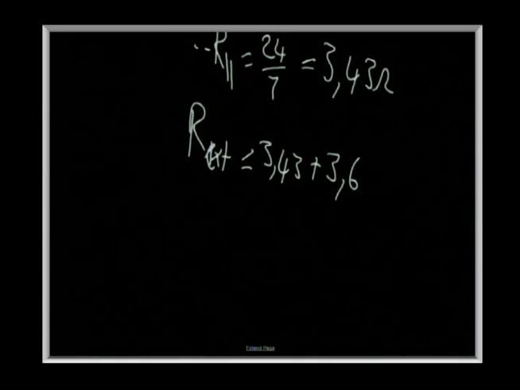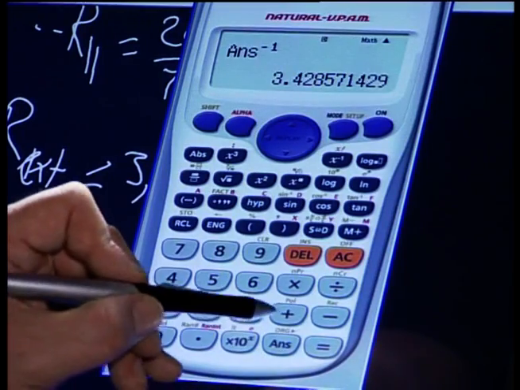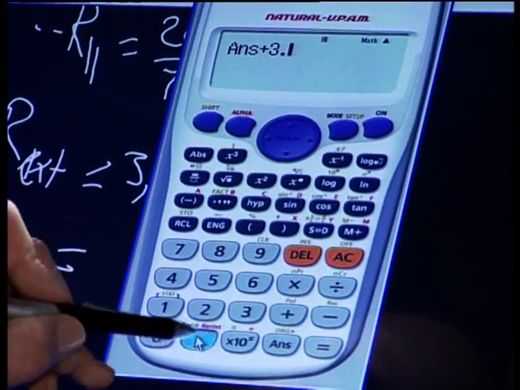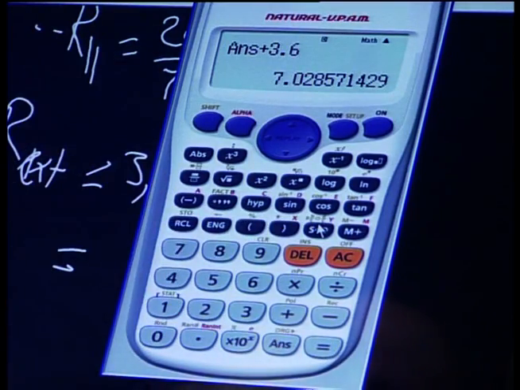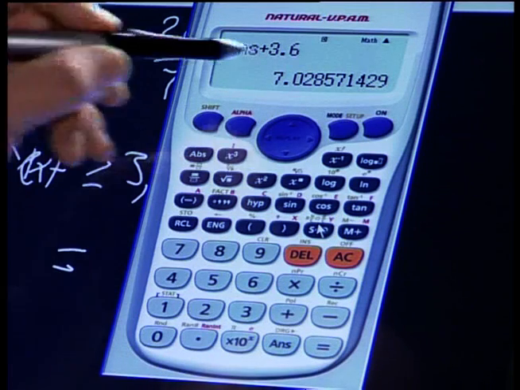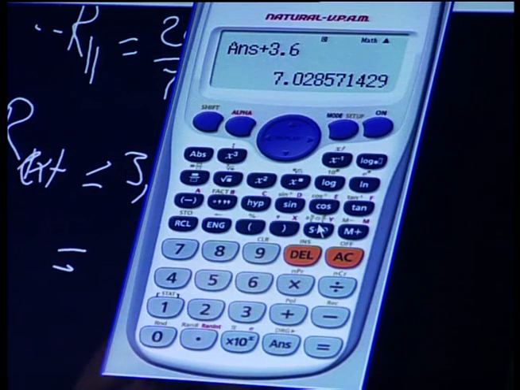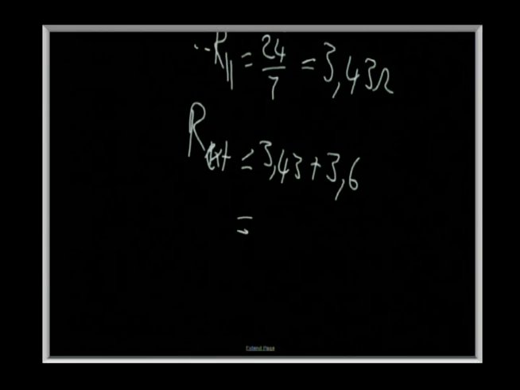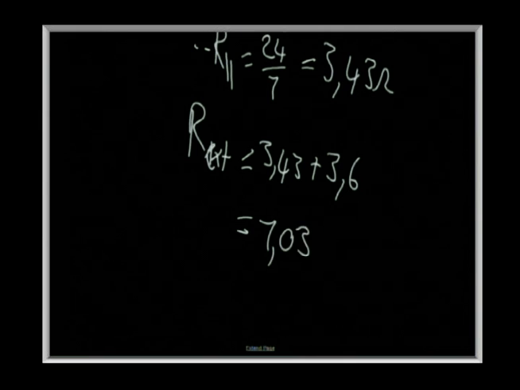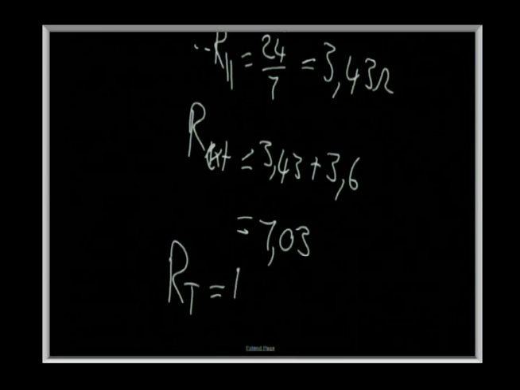Okay? And if you add those two together, plus 3,6 equals 7,03. Okay, let's write that down. 7,03, and so therefore R total is equal to R external plus little r.